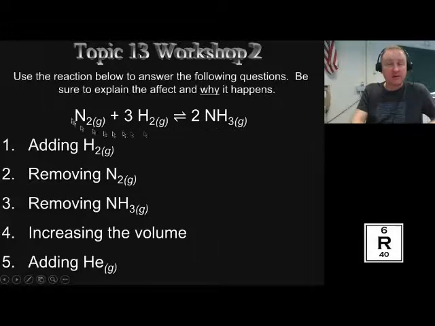This is not reacting with this. So if we add an inert gas to this, yes, it does increase the pressure, but it will not change the equilibrium here, because although there's more pressure, some of those collisions are with the helium, and that does not make more collisions with each other. Therefore, there is no change to the equilibrium when you add the helium.